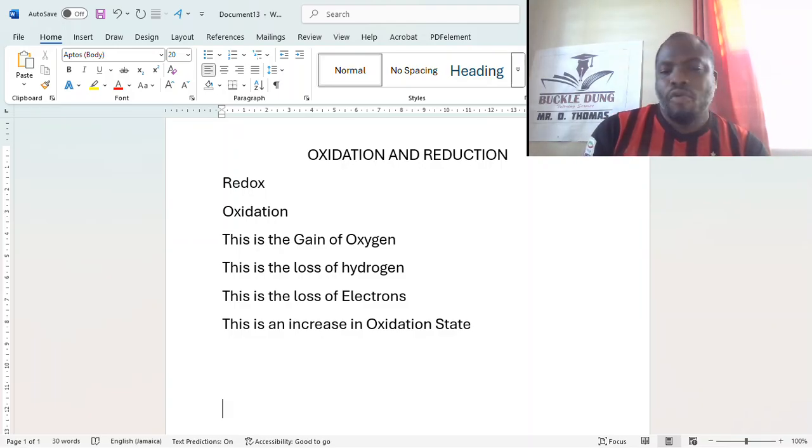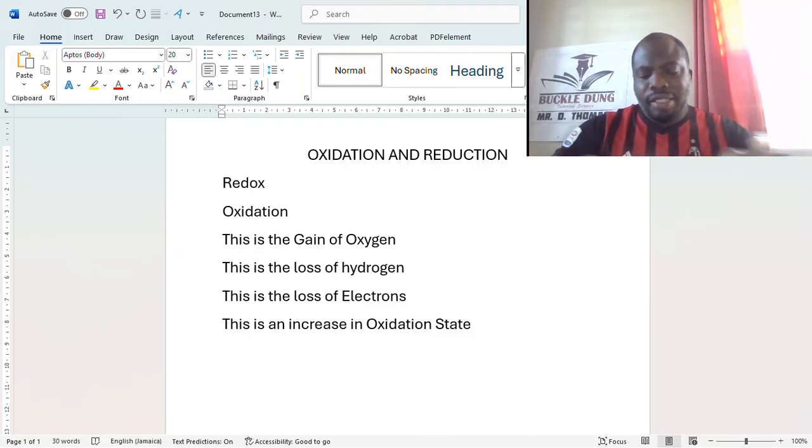And so one of the major things that you as a CXC student can have a grasp of doing is identifying the oxidation state. If you can track the oxidation state of atoms in compounds, trust me, you would be able to determine if something is being oxidized or if something is being reduced.